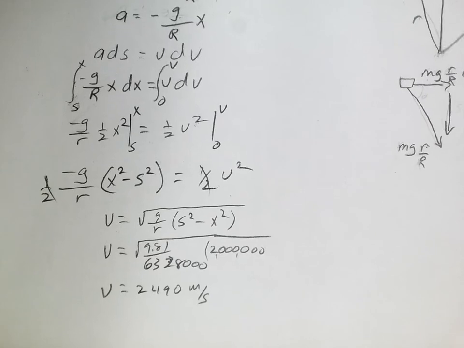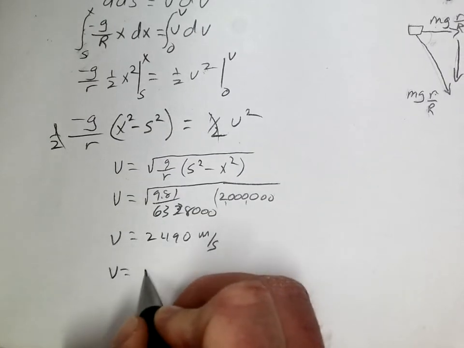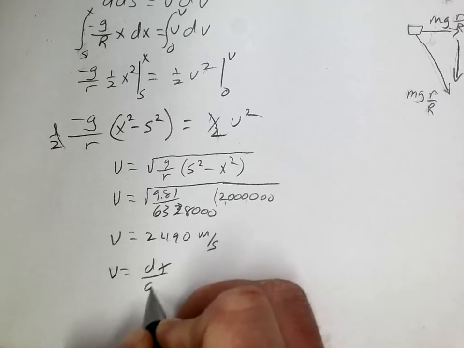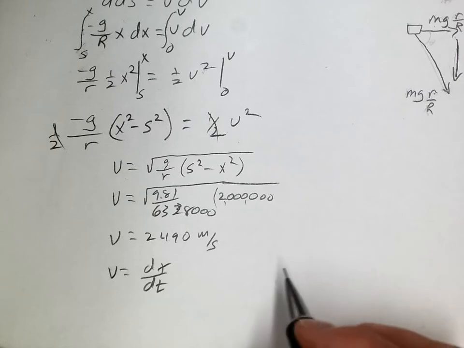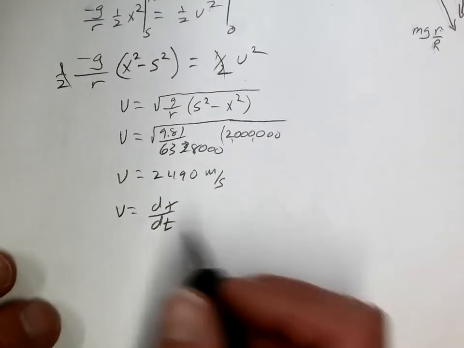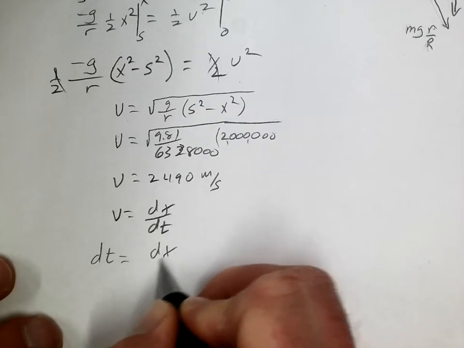Now we want to know time. So time, v, is equal to dx dt. So if we flop these two, we got dt is equal to dx over v.